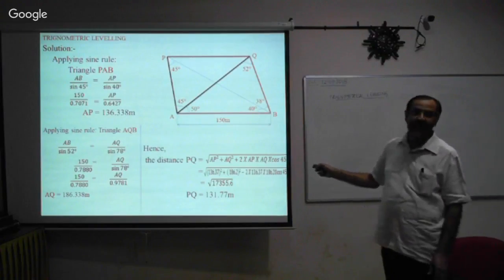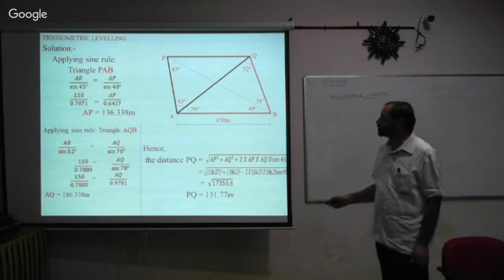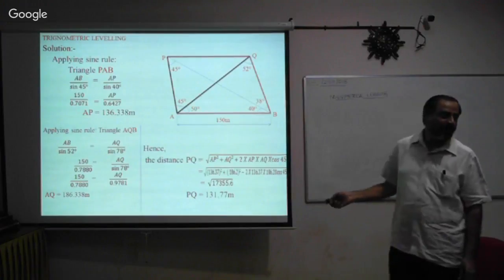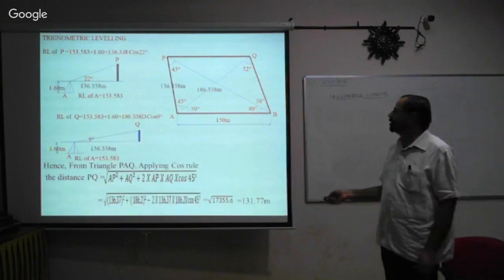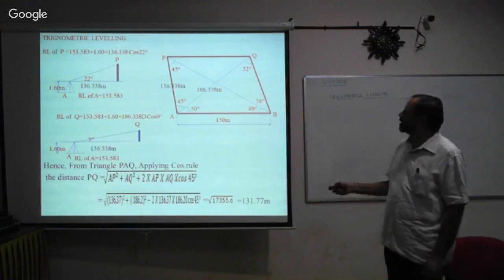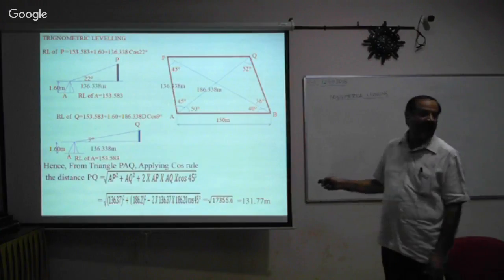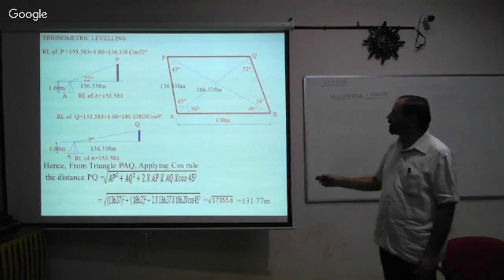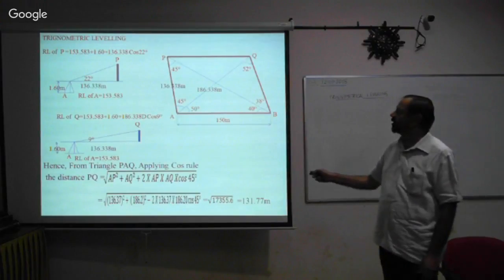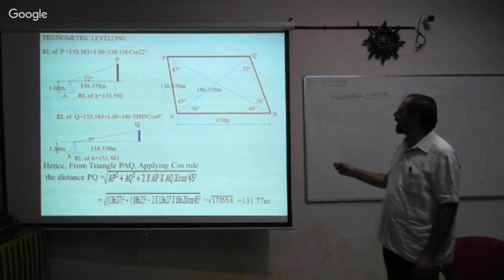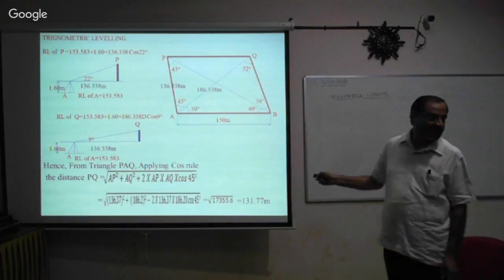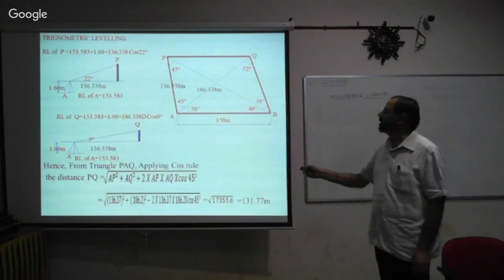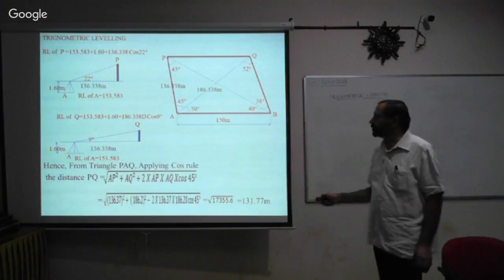PQ is the distance. Now apply the cos rule. By solving this triangle, we have calculated 136.338 meter, and by solving this triangle, we get 186 plus meters length. AQ is this much, and AP is this, isn't it?